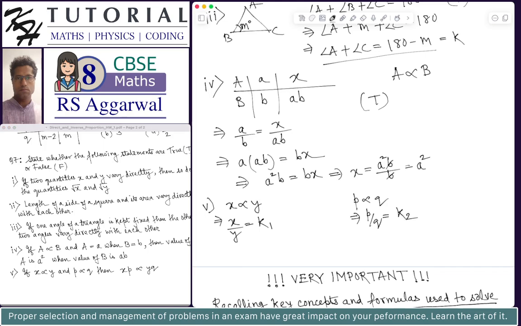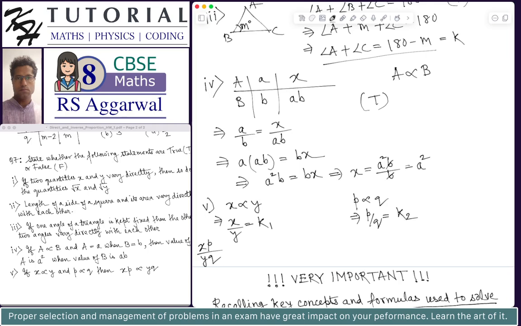For that, we have to find the ratio xp by yq and see whether it comes out to be some constant or not. That is, the value of xp by yq should be independent of x, y, p and q.